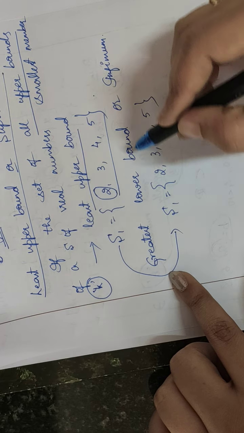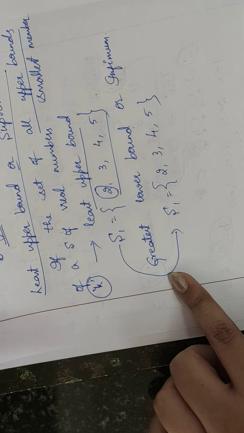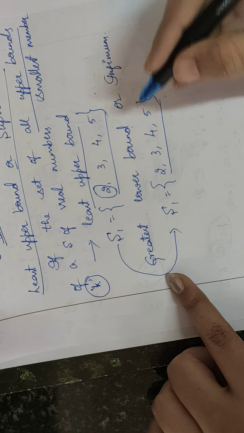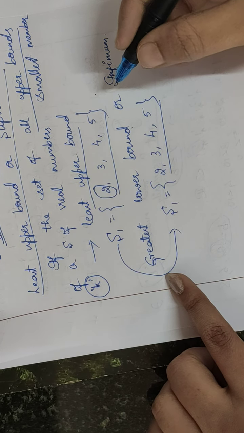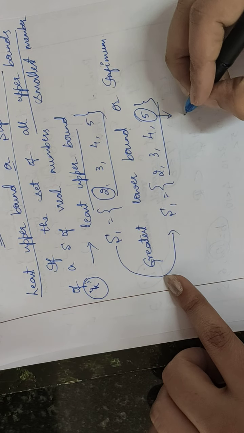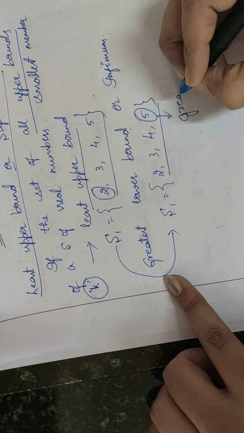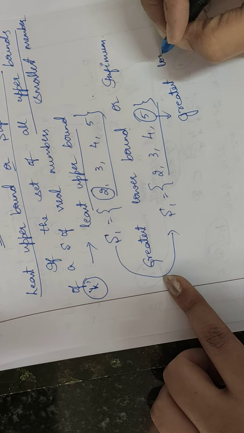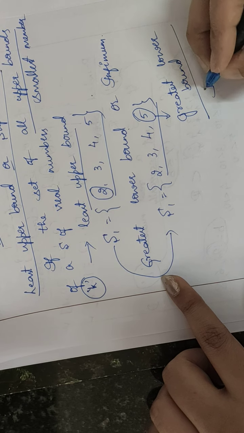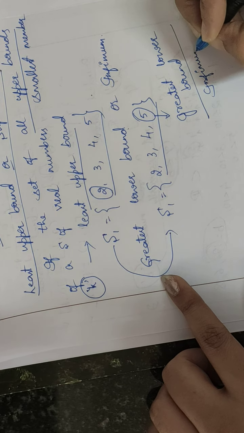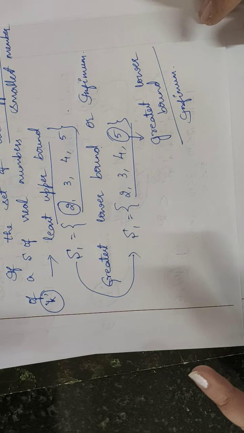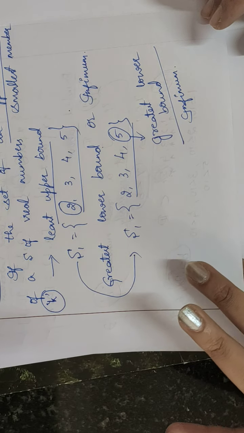In the case of the greatest lower bound, I will collect all the elements of the set of all lower bounds. In this set the greatest member is called the greatest lower bound, or you can say the infimum. This is how we define infimum and supremum with respect to bounded above and bounded below sets.